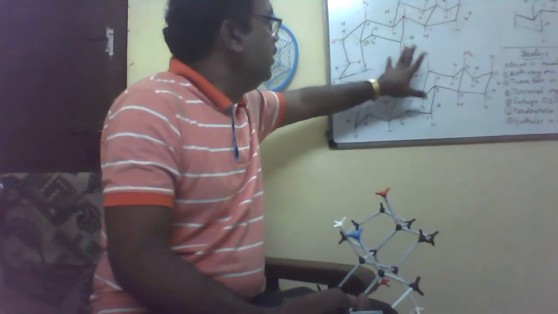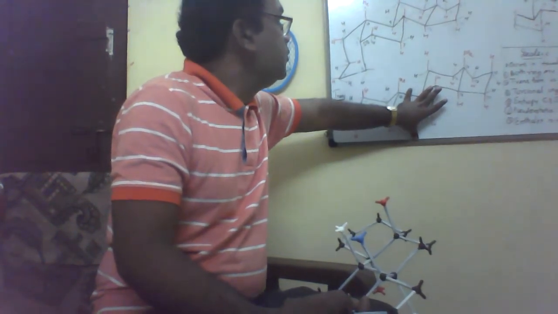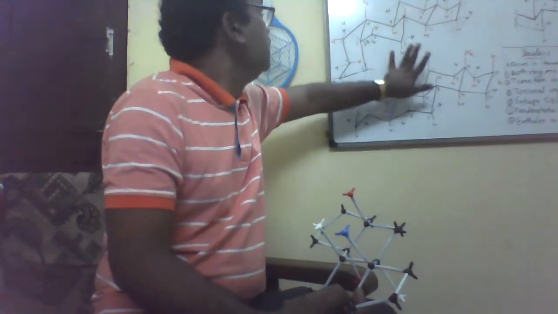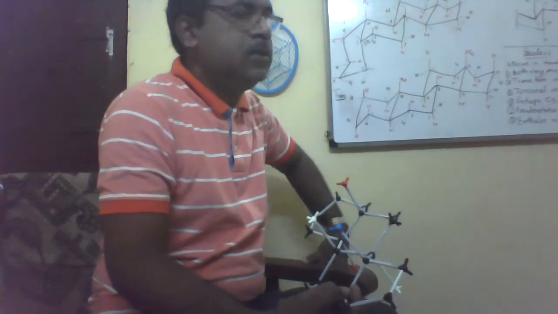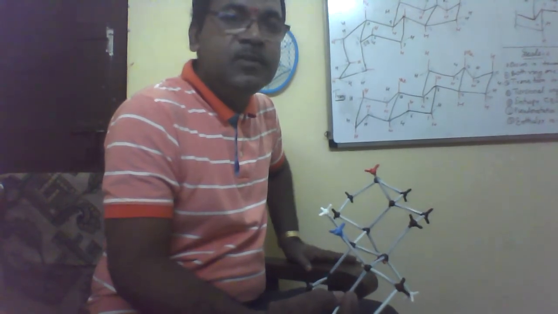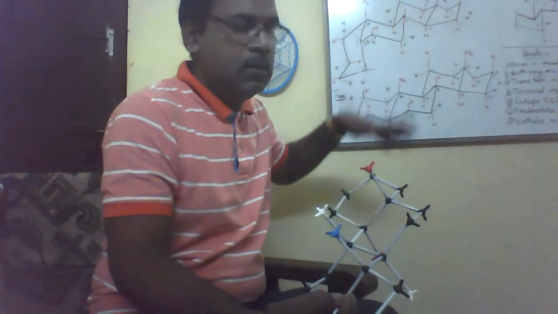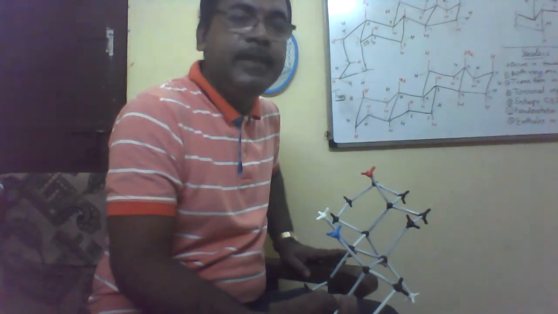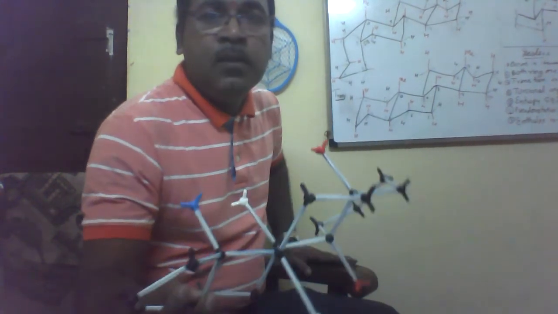In stability, the trans form is more stable than the cis form. So this is about the stereochemistry, or point of attachment of each ring, to be explained in steroid.